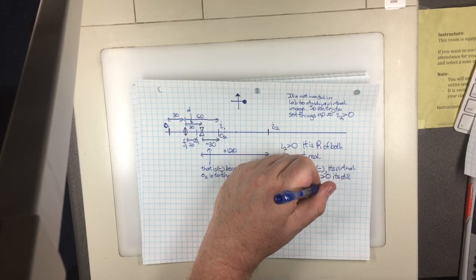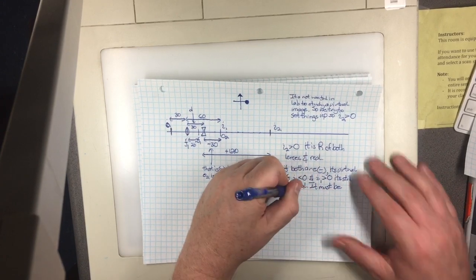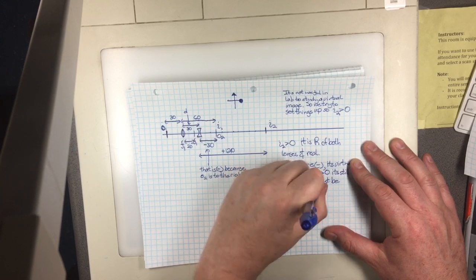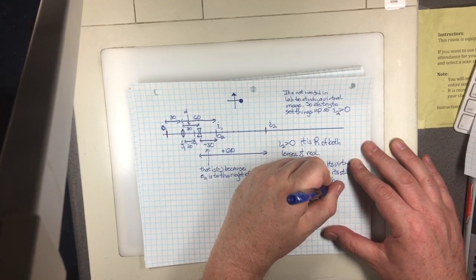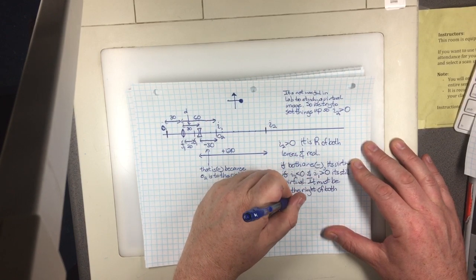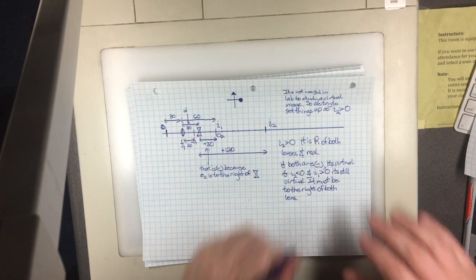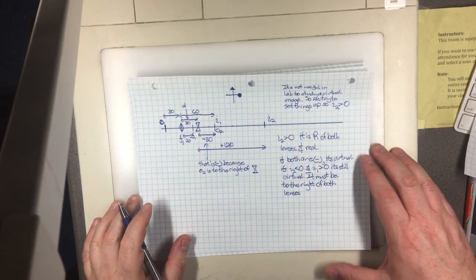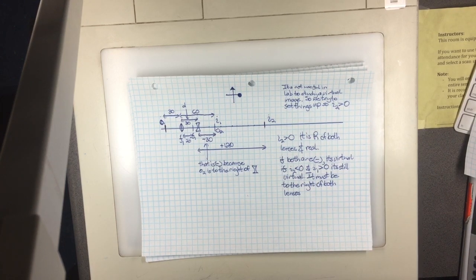It must be to the right of both lenses. Lens? I don't know. This is not English class. I don't care. So I2 has to be positive. I1's definitely going to be positive. I2 has to be positive as well. So if I2 is positive, you know you're dealing with something to the right, it's real, everything is fun.